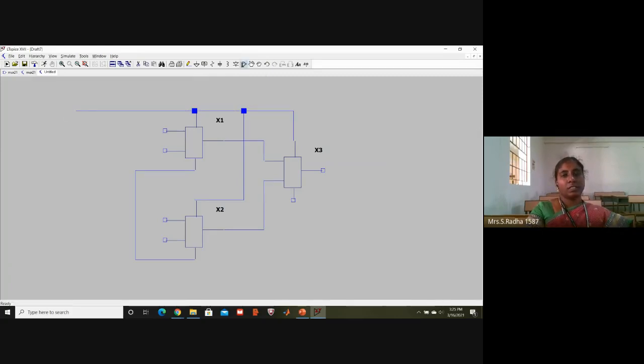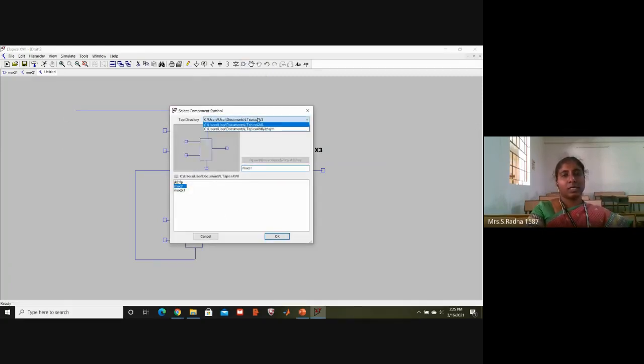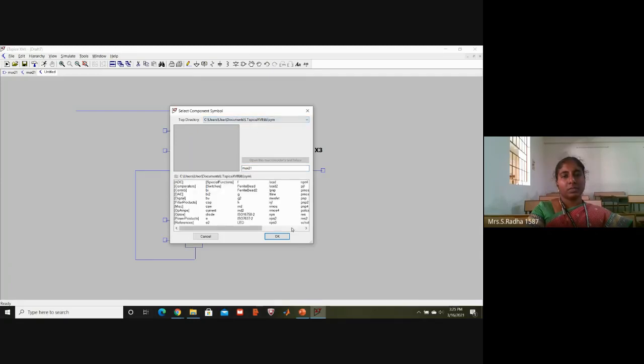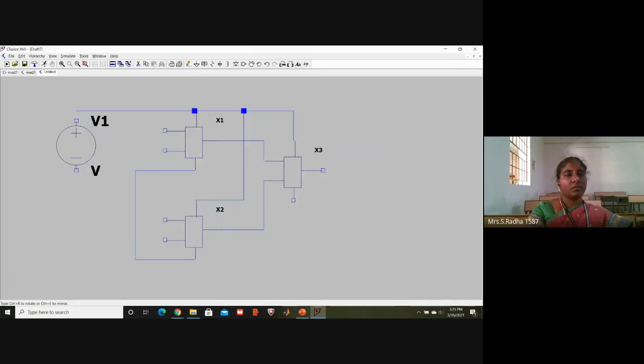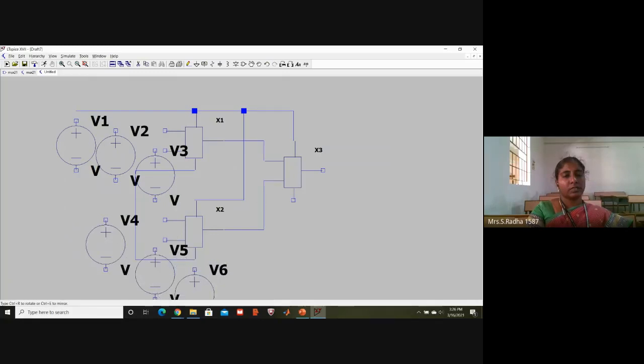I will take voltages, go to general components, and if you go to voltages, okay, here this is for VDD, this is for I0, this is for I1. If it is not confusing you, you can keep it. Only nodes should not touch. Other things can be managed. This is for S0.